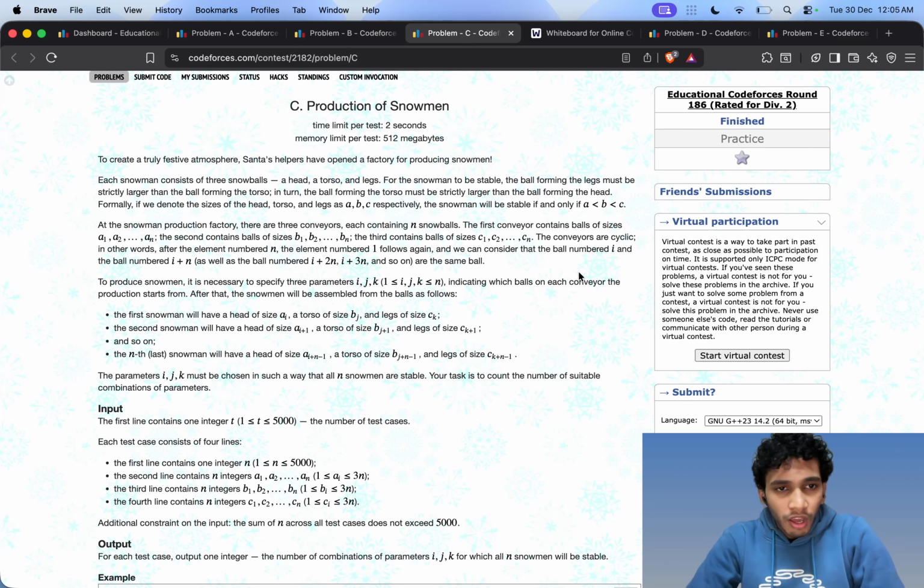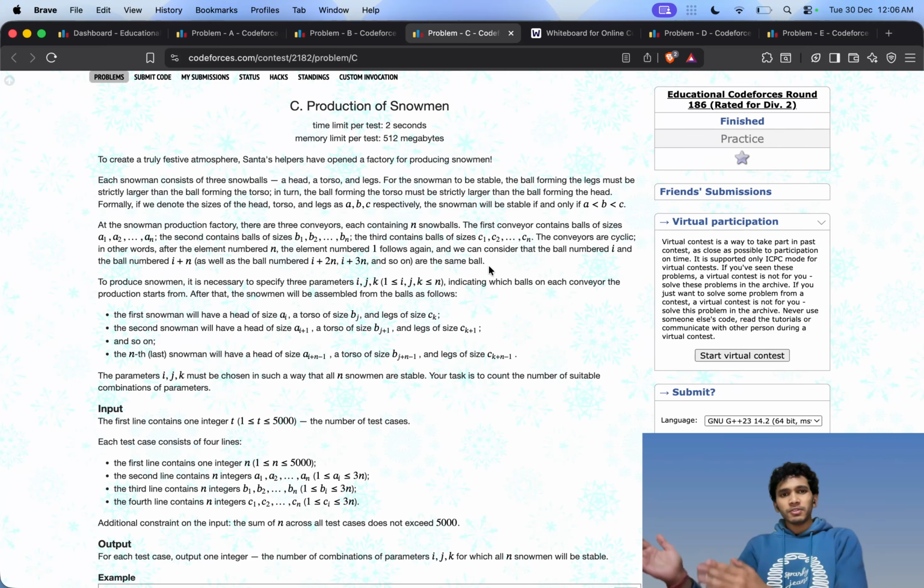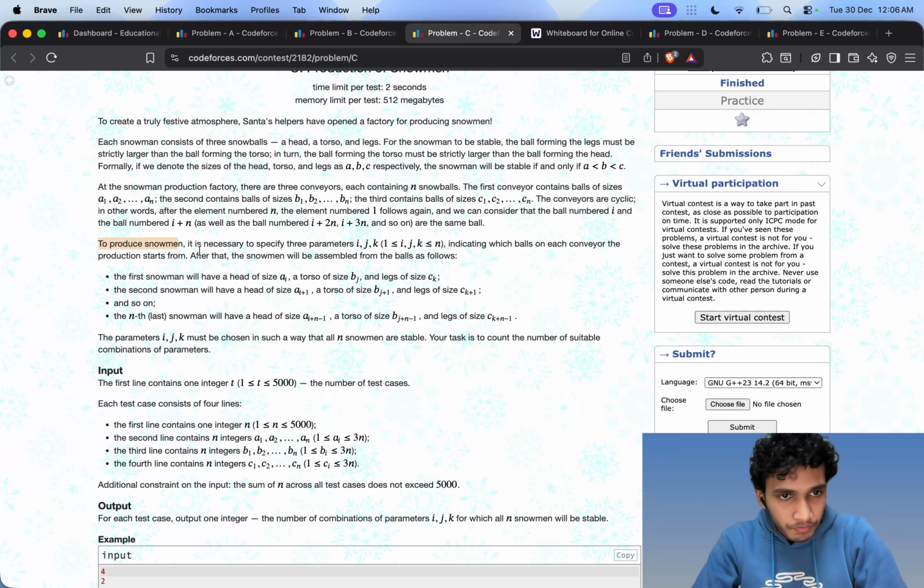In other words, after the element numbered n, the element number 1 follows again. We can consider that ball numbered i and ball numbered i plus n are the same ball. It just means that balls are cyclic. That is, the conveyor belt keeps on revolving and the neighbors keep on coming one after another. After the nth element, the first element will appear. This is what it means.